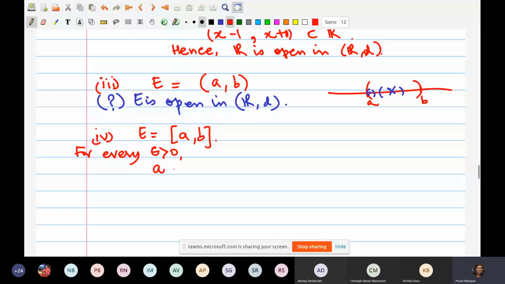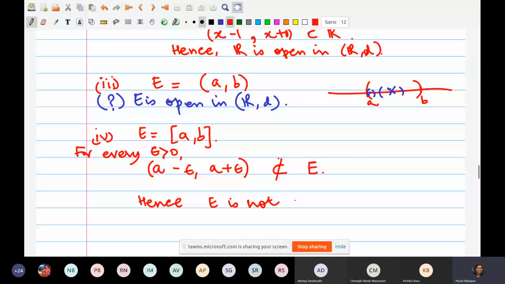No matter what epsilon you choose, this neighborhood of a cannot be entirely contained in the set E, and hence E is not open in R. Does everybody follow?